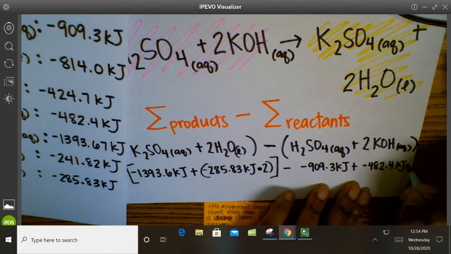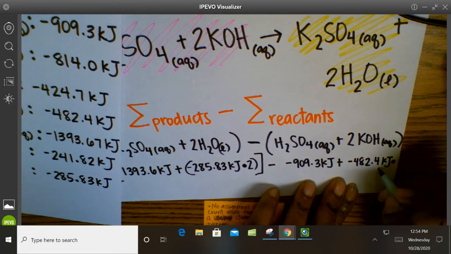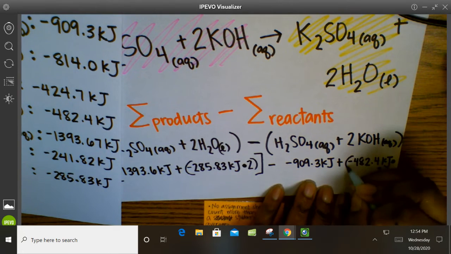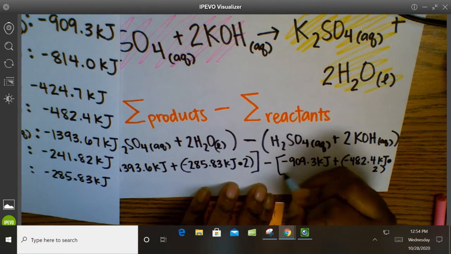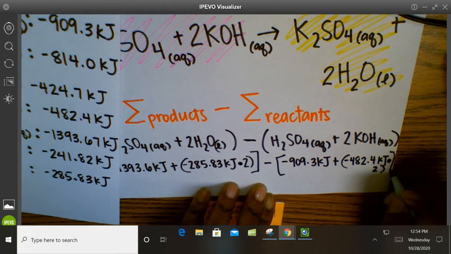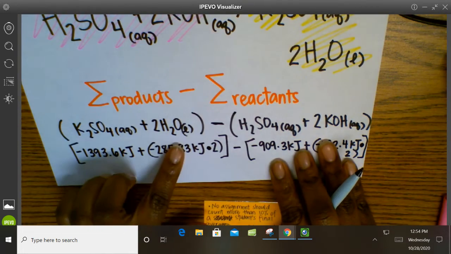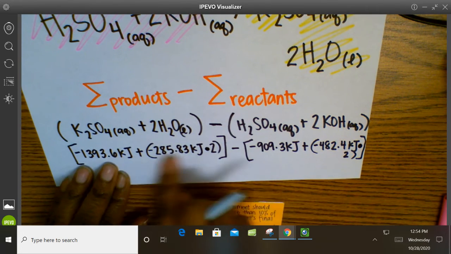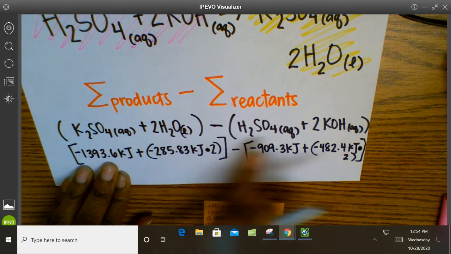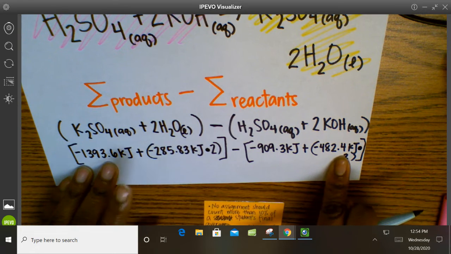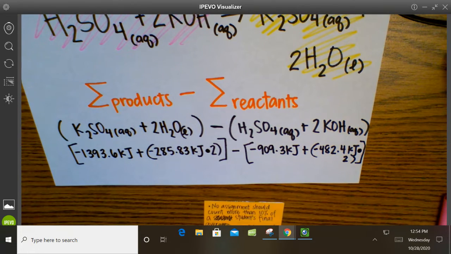There's 2 of them, so I got to multiply this by 2. And I'm going to put all of this in brackets like I did the other one. All right, so now this is going to give me the sum of my products. This is going to give me the sum of my reactants, and I'm going to subtract them.